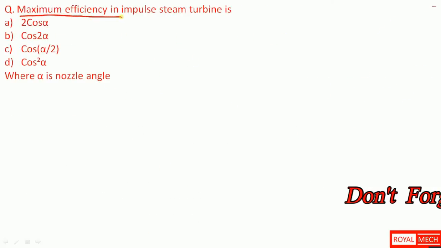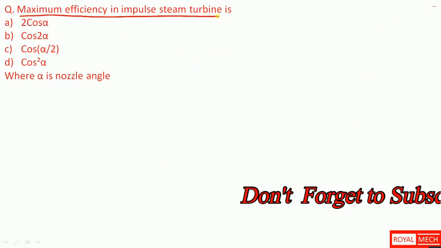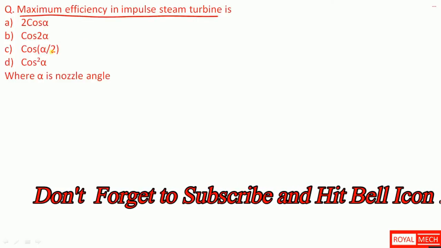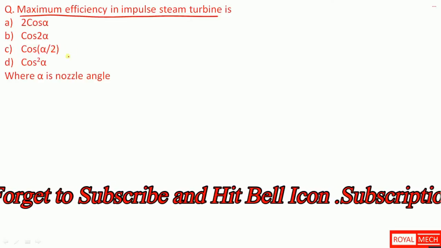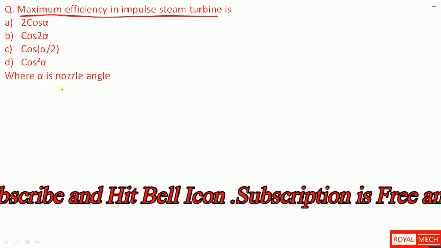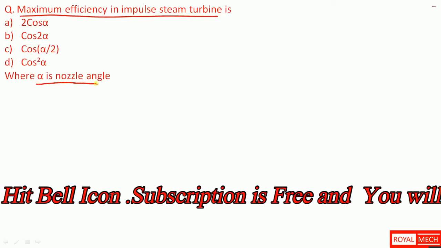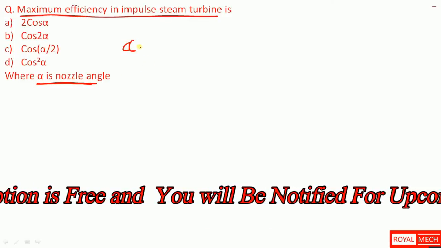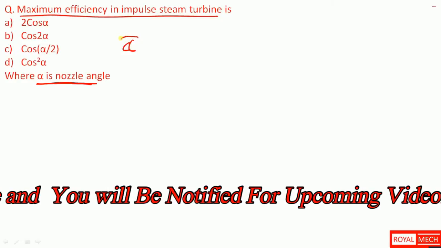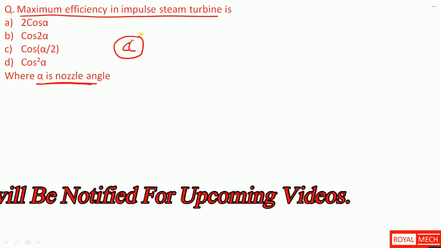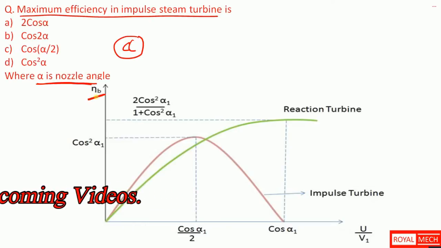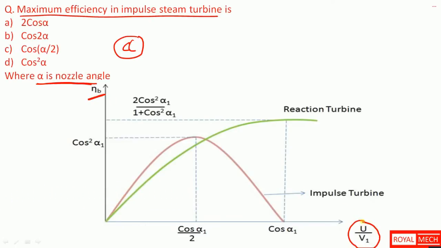Maximum efficiency in impulse steam turbine is 2 cos alpha, cos 2 alpha, cos alpha by 2, cos square alpha, where alpha is nozzle angle. So the question is, what is the maximum efficiency for a given nozzle angle? So we have the graph of blade efficiency versus velocity ratio u by v1.